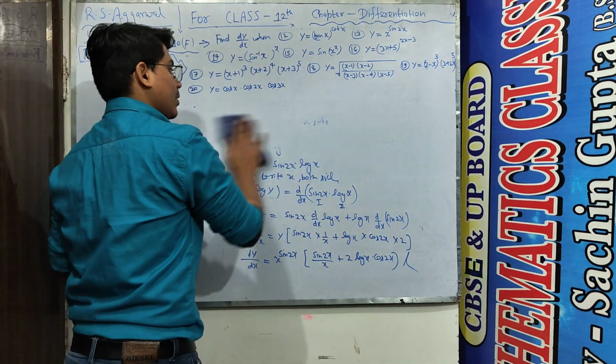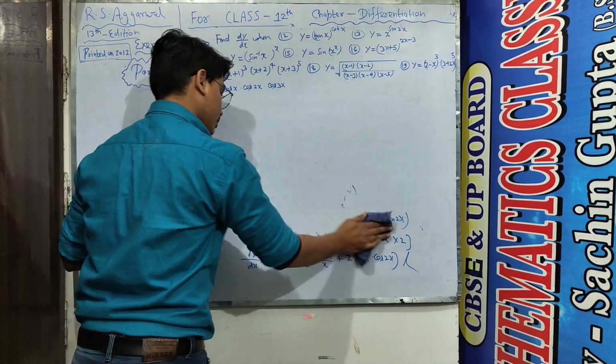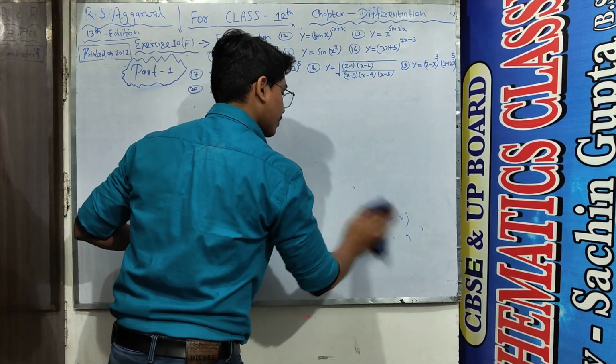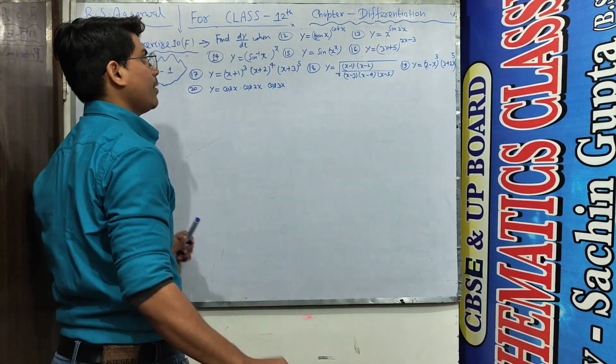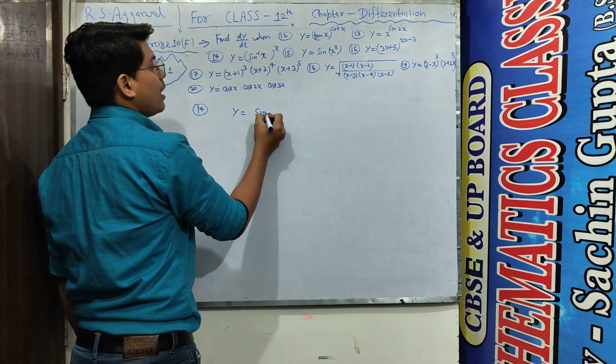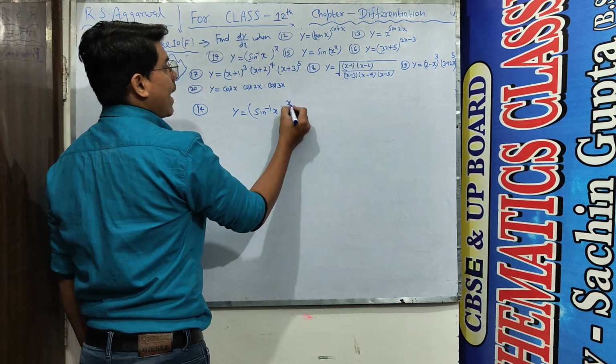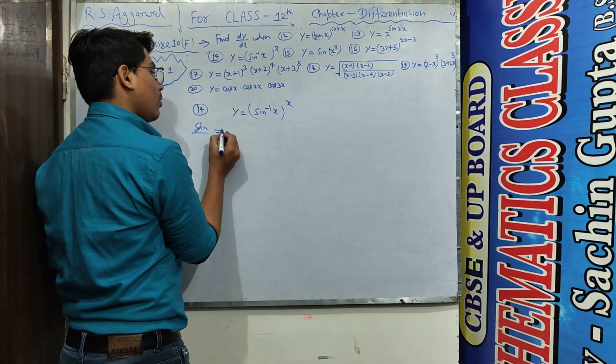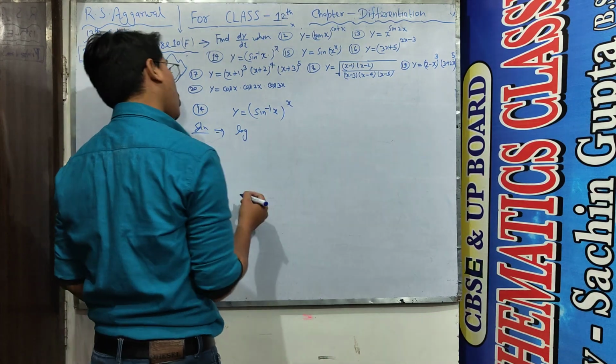Now we go on to question number 14. Question number 14 is given to us: y equals (sine inverse x) whole power x. Now we apply the formula. Now we apply log on both sides.